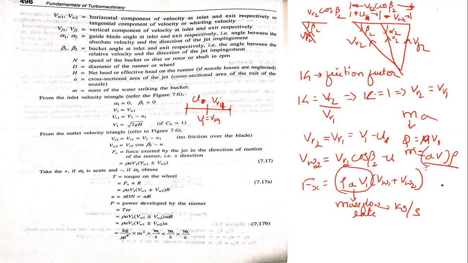A into V1 gives you meter cube per second, and volume into density gives you the mass in kg per second.